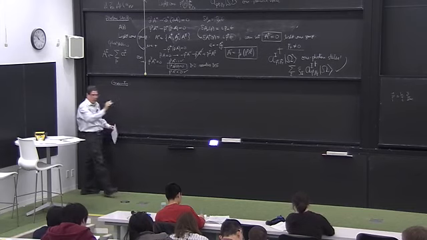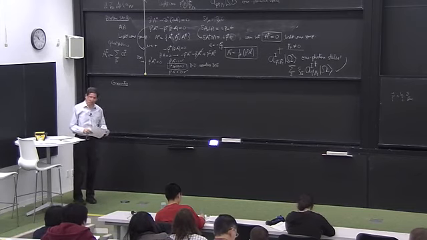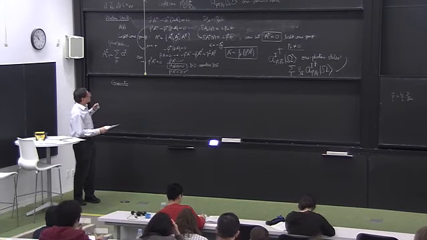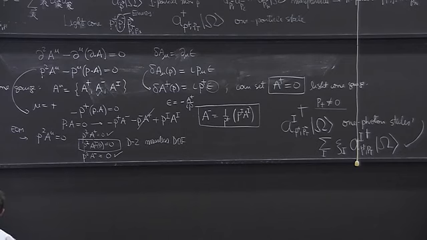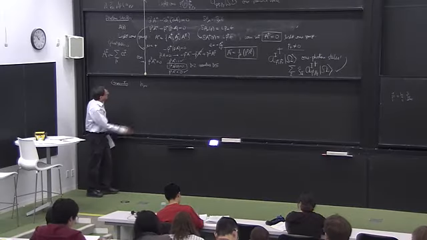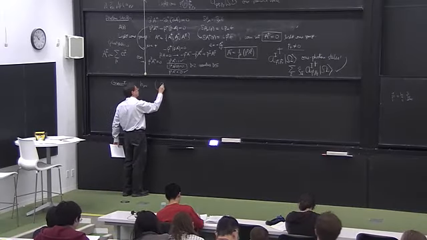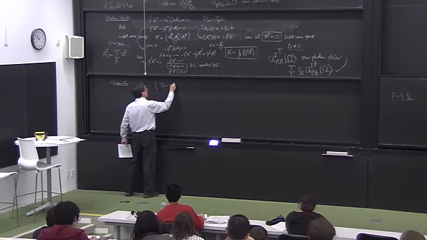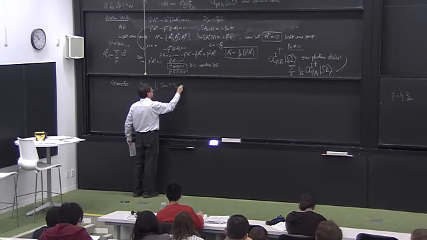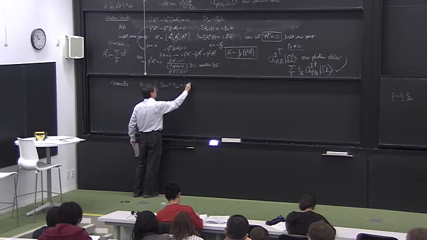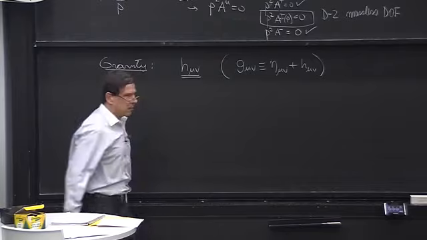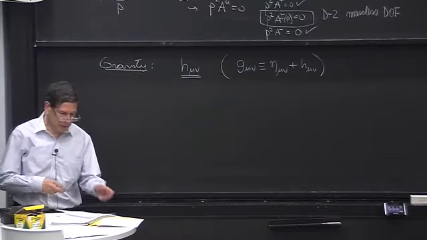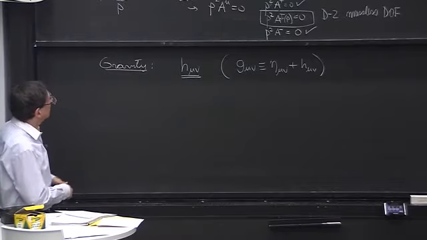So I'm going to sketch only the results because it takes a little bit of time, and the details are really not all that complicated. You have a field h mu nu. What is this field? This is the field that comes when you have the metric and you expand it as flat space plus a little fluctuation. And this fluctuating field is the one we analyze, the field associated to a spin 2 field.